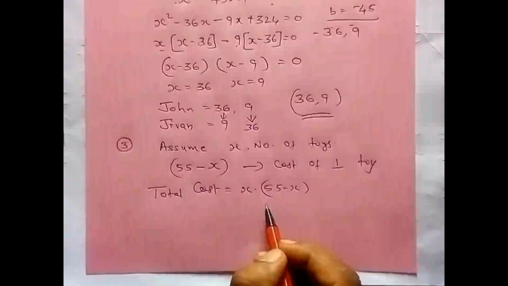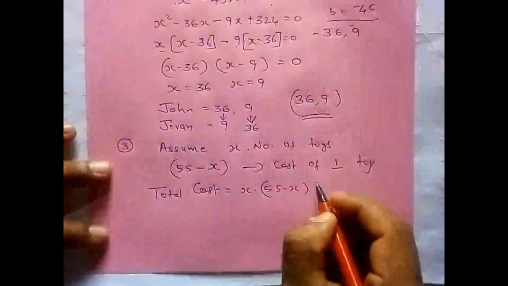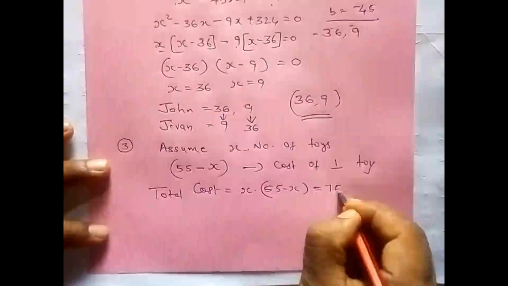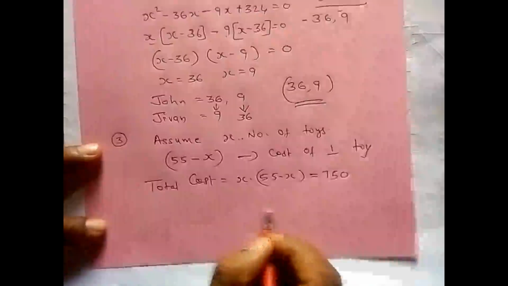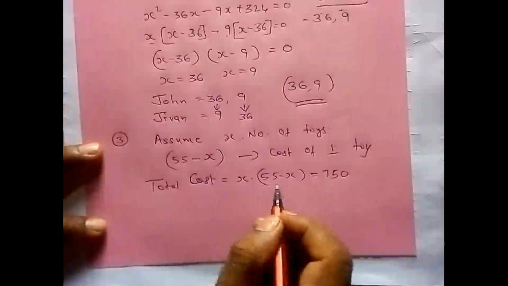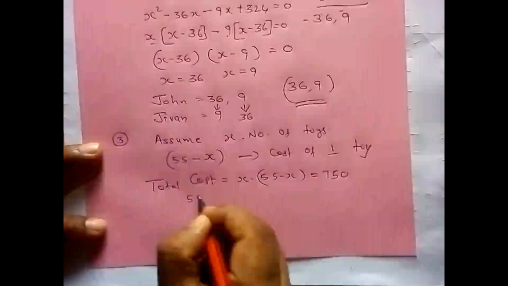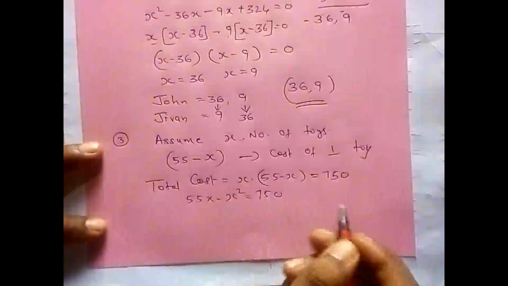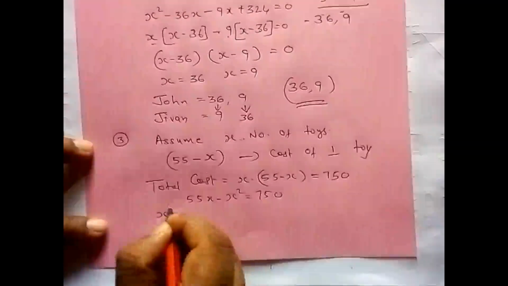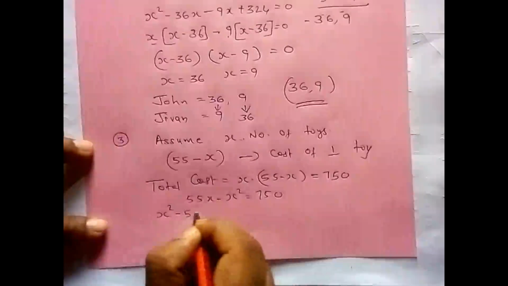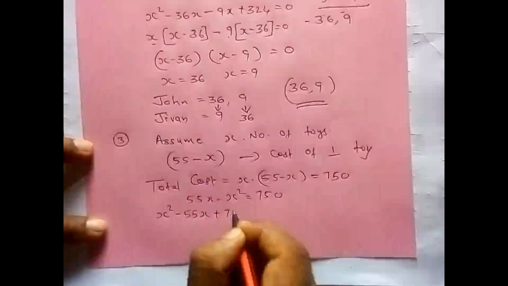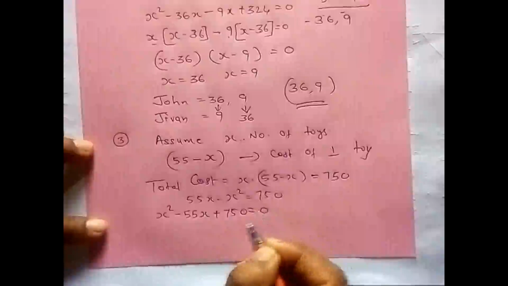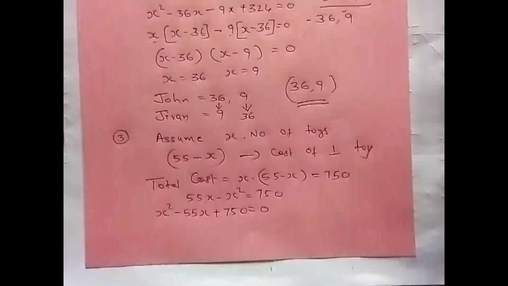On a particular day, the total cost of production was 750, so this is given as 750. We will expand this: 55x minus x square equal to 750, or x square minus 55x plus 750 equal to 0 in the standard form.